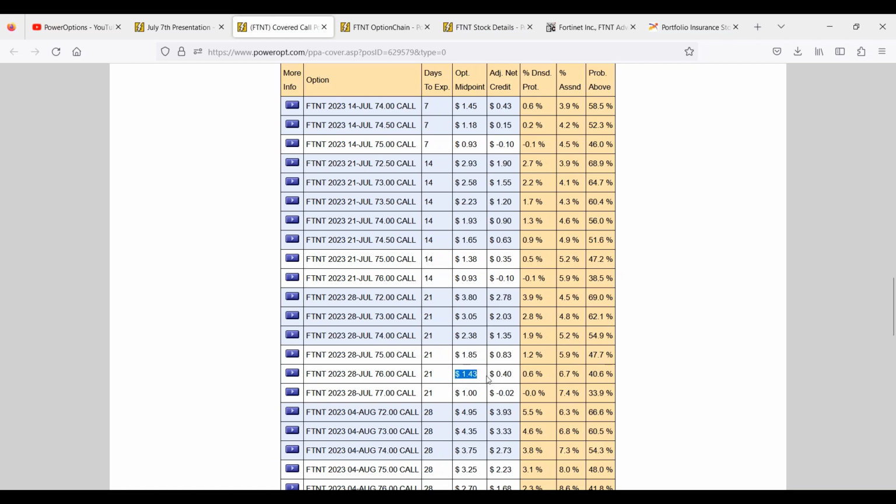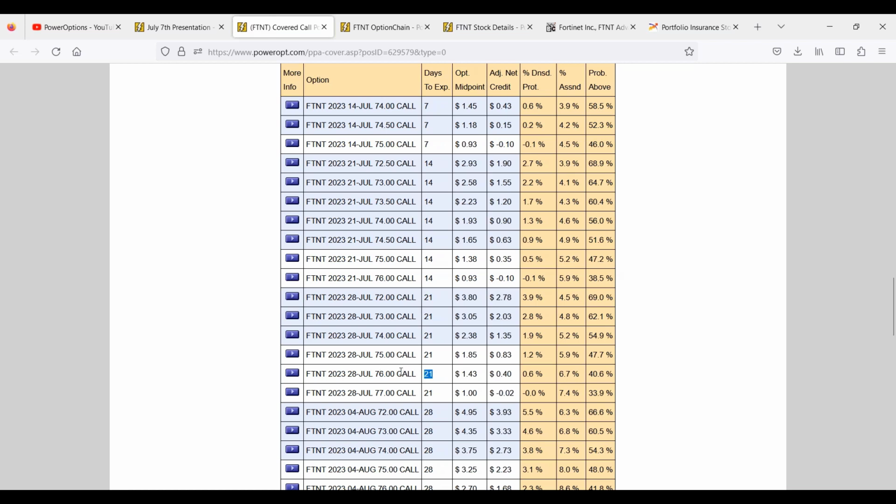Or if I want to give myself more breathing room, a smaller adjusted net credit for all 3 transactions, selling the initial call, buying it back, selling the new 28th of July, 76 call, 21 days away. Only a 40-cent net credit, adjusted net credit, but an increased return from 2.8 to 6.7%, so 3.9% for an additional 21 days. That's a pretty good return too if Fortinet continues to move up and hit $76.